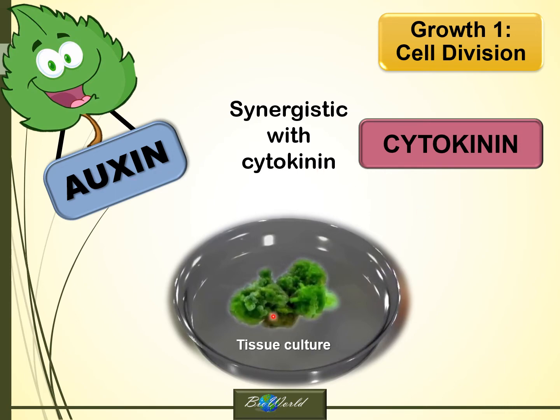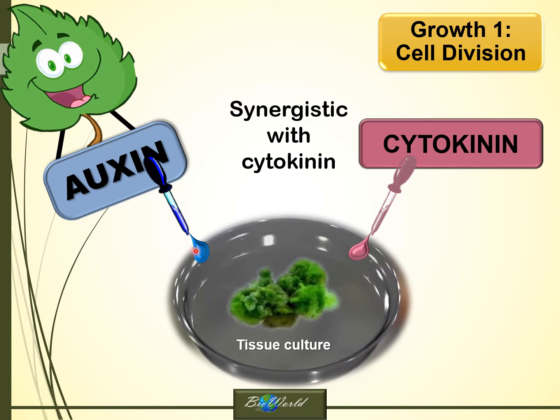For a scientist to have the tissues growing into a clone, they must find a balance between the concentration of auxin and cytokinin. If you see here, you put small concentrations of auxin and cytokinin, but the same amount, the tissue will remain what we call a callus. It will not develop roots, it will not develop a shoot.